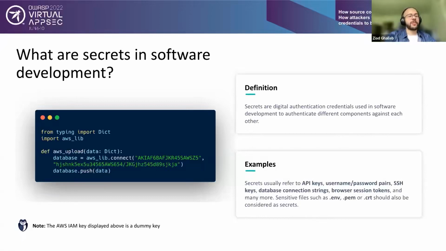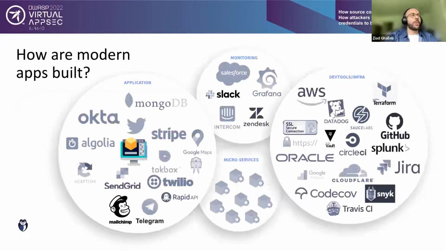But before we get there, let's understand how the use of keys is ubiquitous today. The way modern applications are built is very different from what we did two decades or one decade ago. Developers are taking off-the-shelf components, taking third-party APIs, building microservices, and connecting all of these different components between each other to build the software.